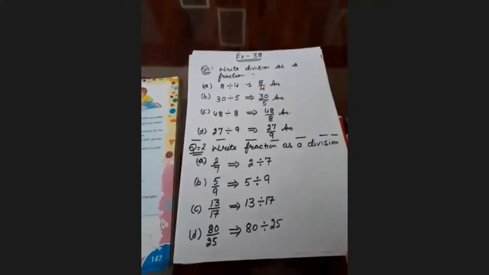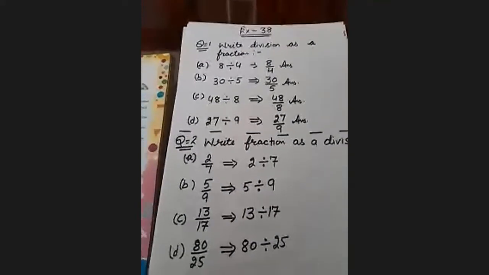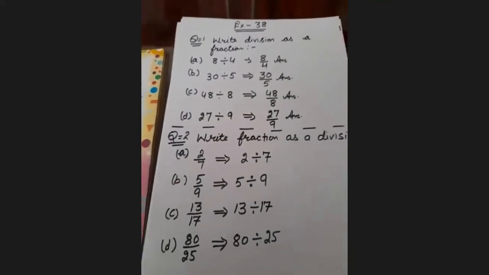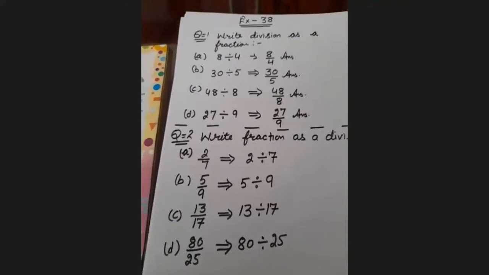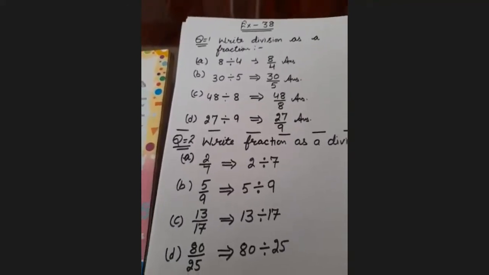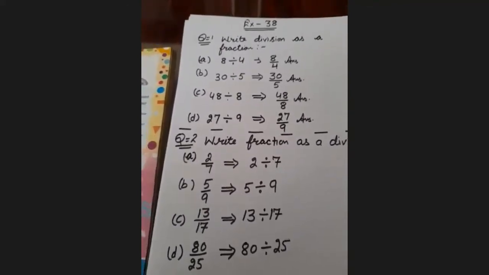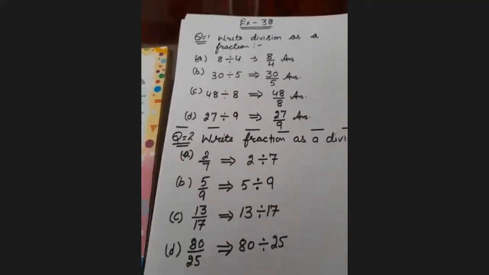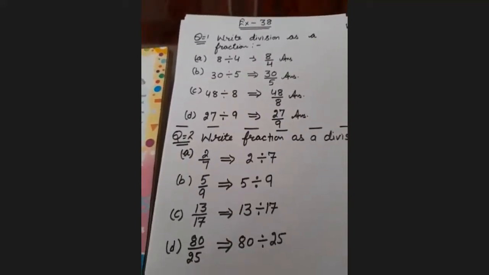Yes, friends. This way you will convert a fraction into a division. 2 upon 7 means 2 divided by 7. 5 upon 9 means 5 divided by 9.